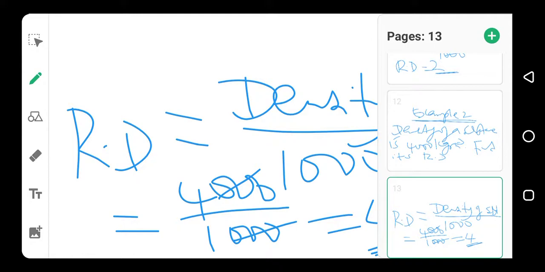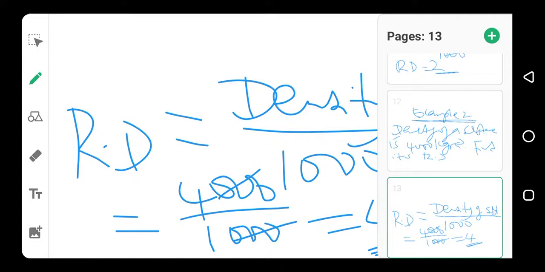So without the density of water, we can still calculate the relative density. If they give us the density of water, fine, we use whatever they give us. Please note that in some cases they will give us a density of water that is greater than 1000 or less than 1000. Once you are given the density of water, take that density given to you.